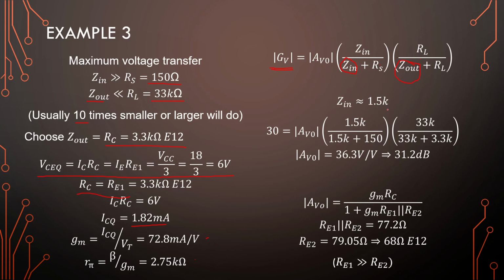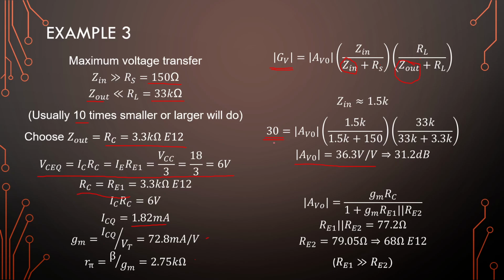So this is 1.5 Ks and that is 3.3 Ks. So we can calculate our AV0 to be 36.3 volts per volt. And note that this is very close to the 30 volts per volt that we are designing for. Only 6.3 volts per volt difference.